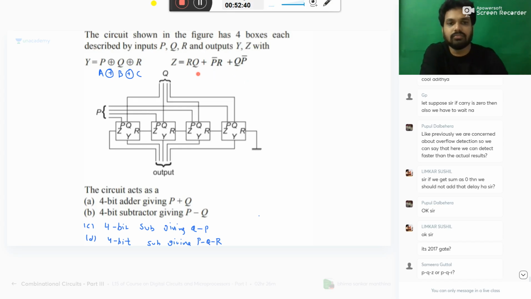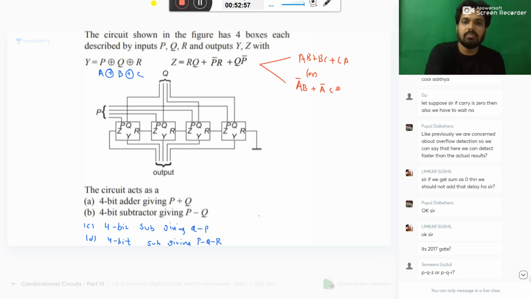Is this in the form of AB plus BC plus CA, or A bar B plus A bar C plus BC? First format or second format?